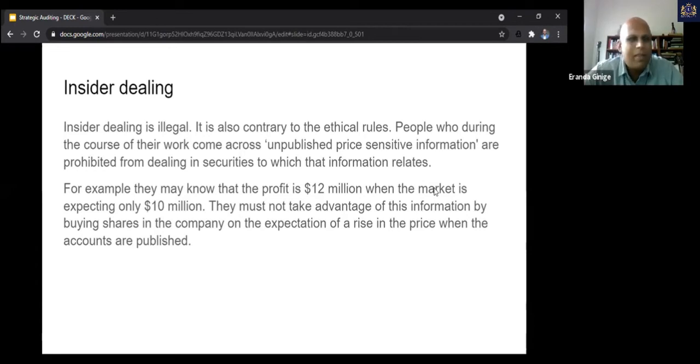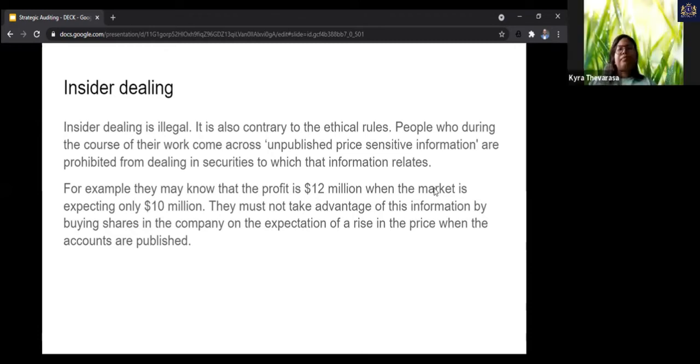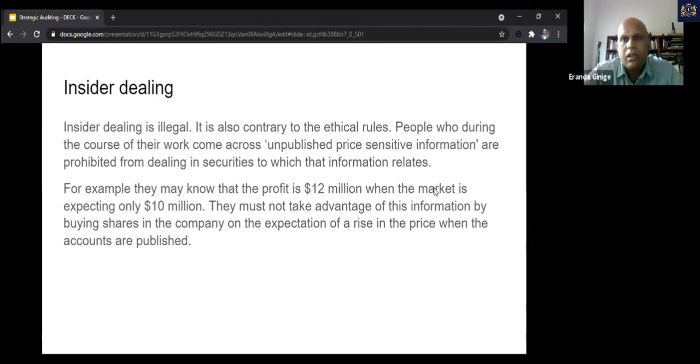Okay. Right. I mean, the idea is that you're going to get inside information about the company, all kinds of information. It's not only the annual profits, right? All kinds of information, and you can use that information to benefit yourself, or pass it to others, like competitors.